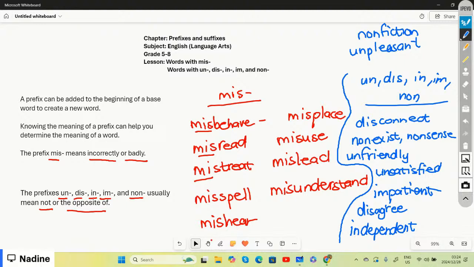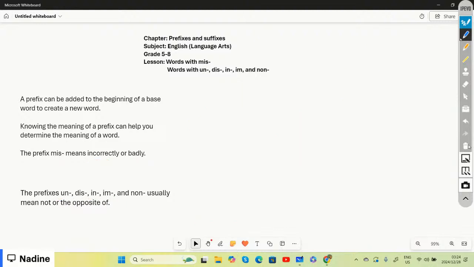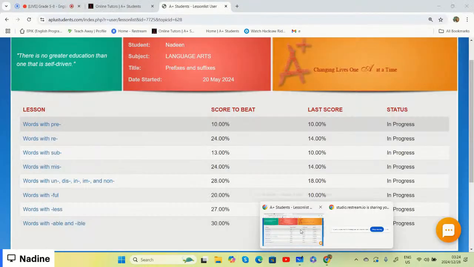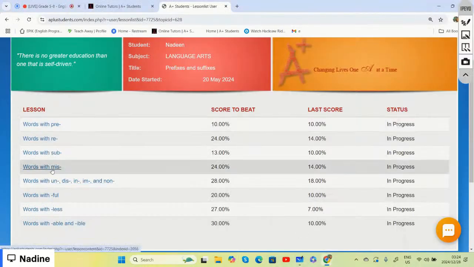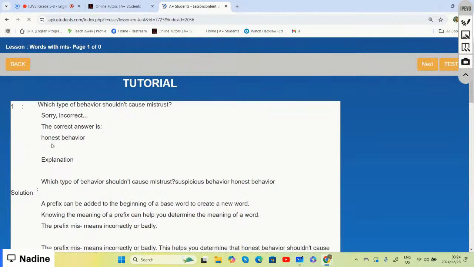All right. So now we're going to a+students.ca, and we are going to look at words with miss as well as words with un, dis, im, in, and non. So let's start with words with miss. We're going to look at a few activities and then we're going to our test.